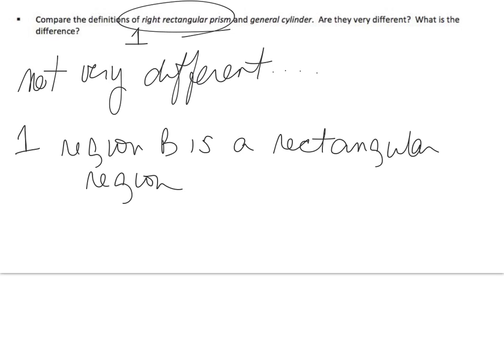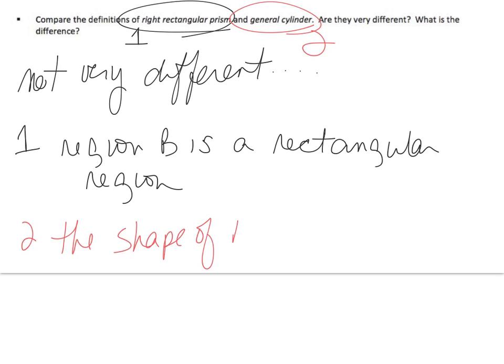In the definition of a general cylinder, the shape of B is not specified.